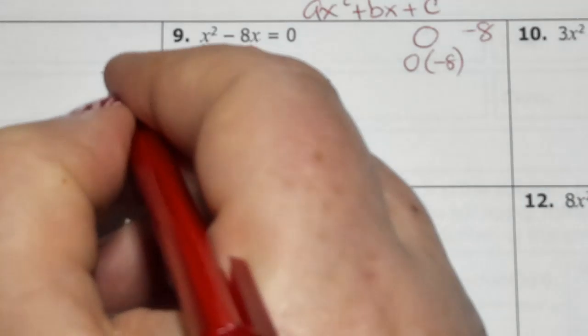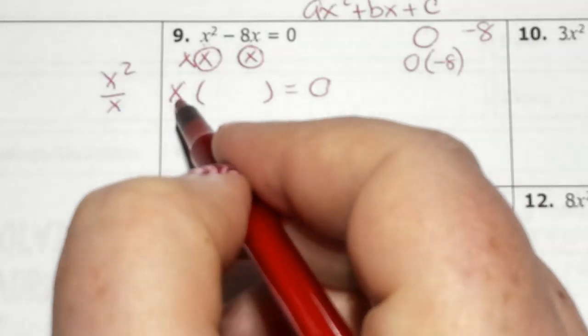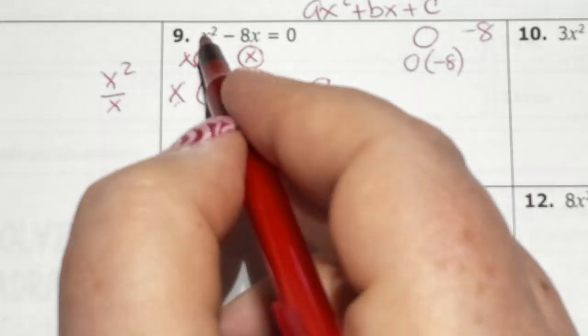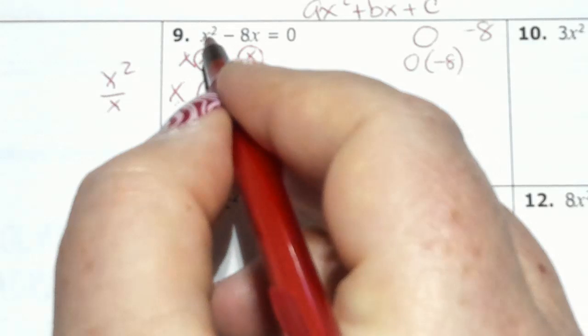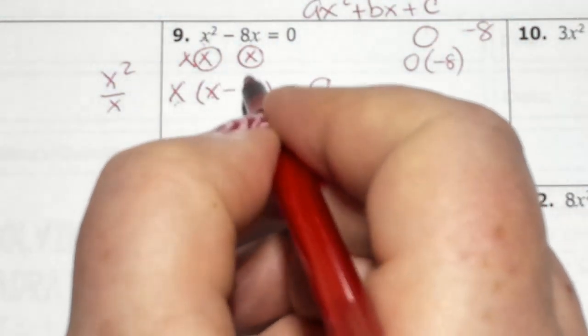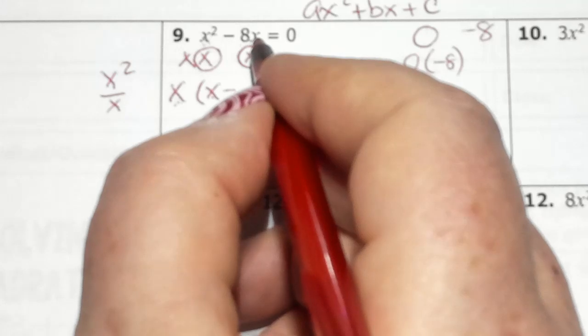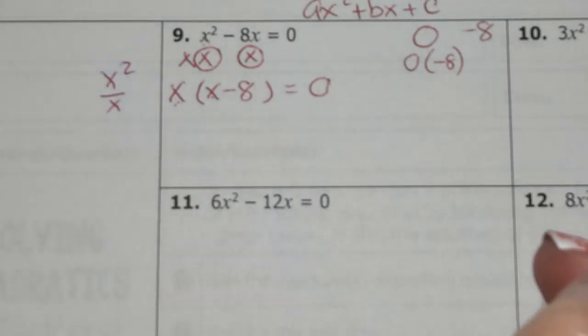You can think of it that way. X squared divided by x. Or just ask yourself, x multiplied by what gives you x squared? X. So of the 2 x's, 1 was pulled out. Now, for -8x, you pulled out the 1 and only x, so it's just left with a -8.